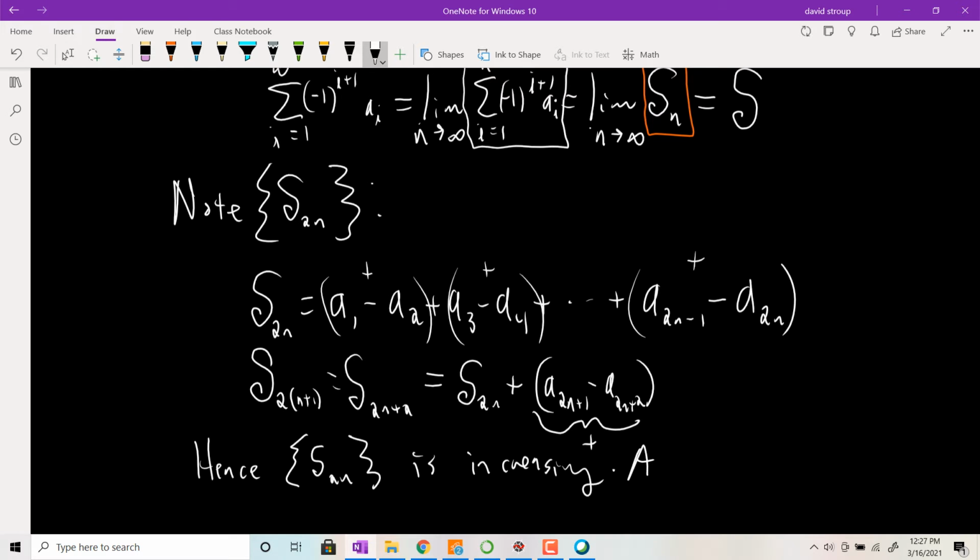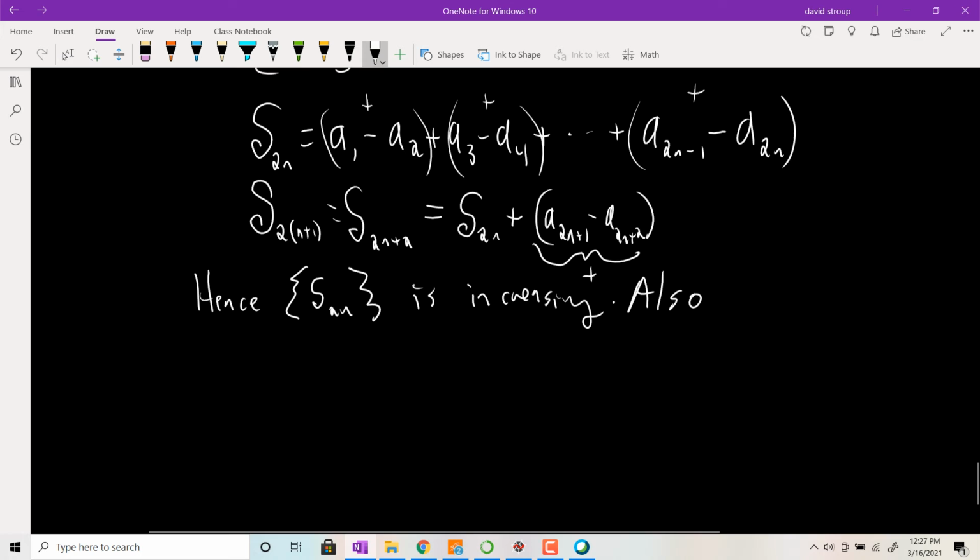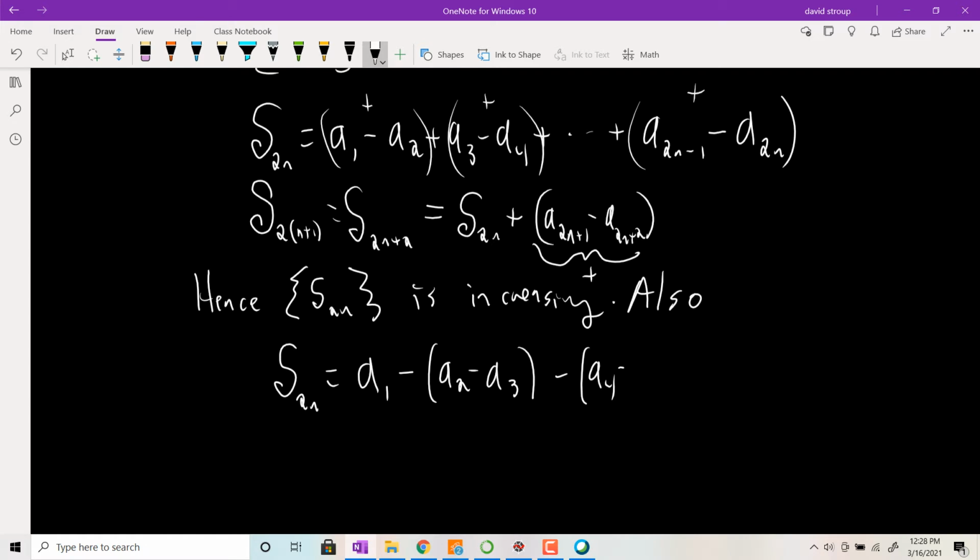Also, we can look at S sub 2n in a different way. S sub 2n is equal to a sub 1 minus, factoring out the negative from the next terms, (a sub 2 minus a sub 3) minus (a sub 4 minus a sub 5) minus dot dot dot minus (a sub 2n minus 2 minus a sub 2n minus 1) and then finally minus a sub 2n.